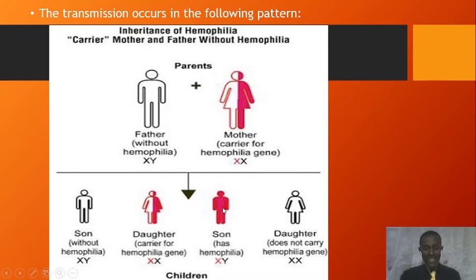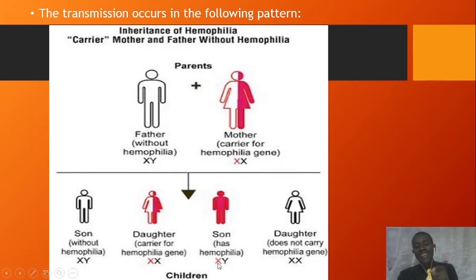Look at the son here. The son will suffer from it because this X chromosome from this woman happened to be the X chromosome that was among the sex chromosomes that formed this boy in particular. And of course, for a boy to be formed, this Y chromosome must be there. So this Y chromosome that came from the man has no choice than to accept this X chromosome that has the recessive gene.